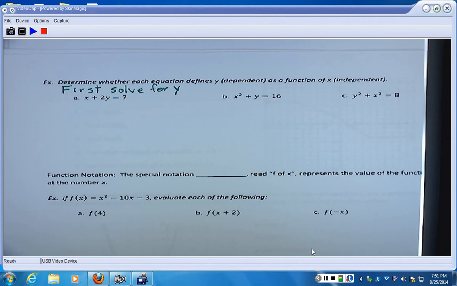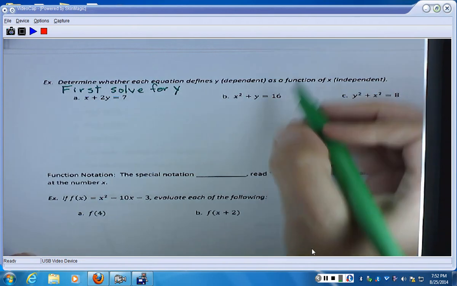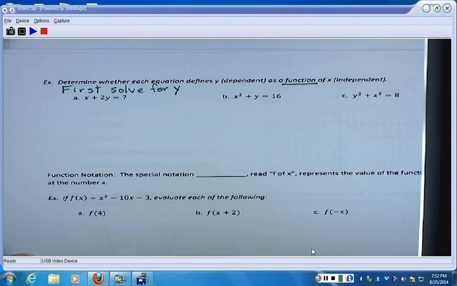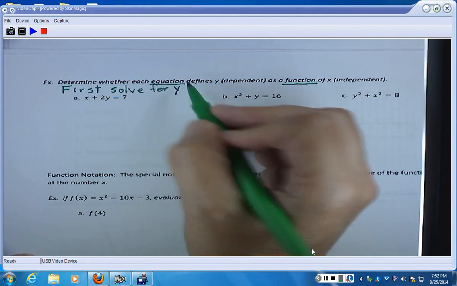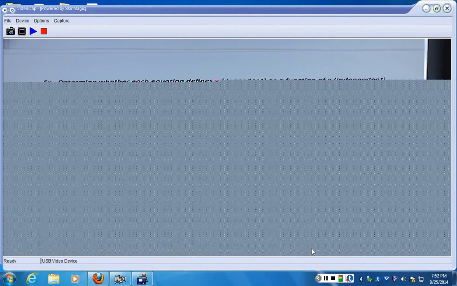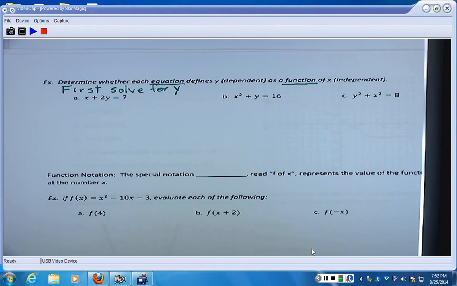So here we are checking to see if these equations are functions. Before we were checking relations, just ordered pairs. Now we're going to check to see if equations are functions. In order to do that, we solve for y.